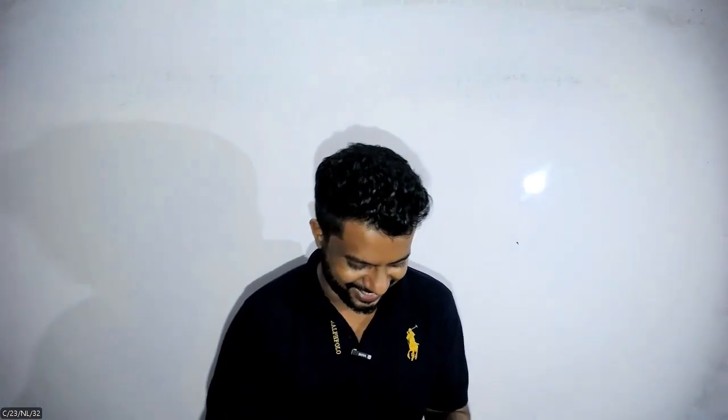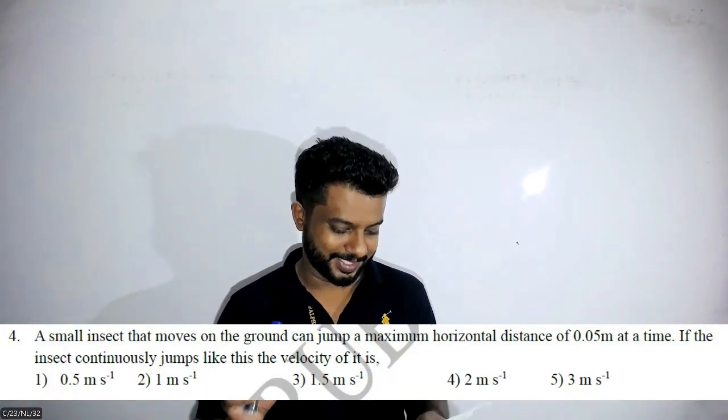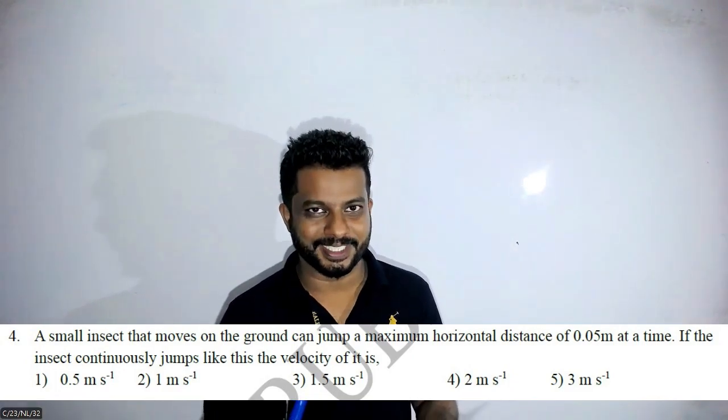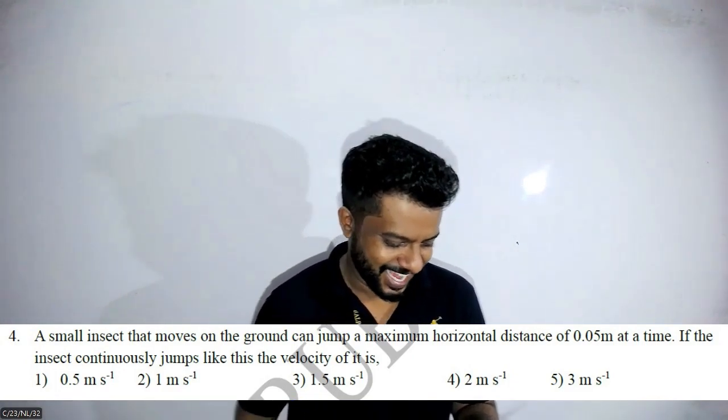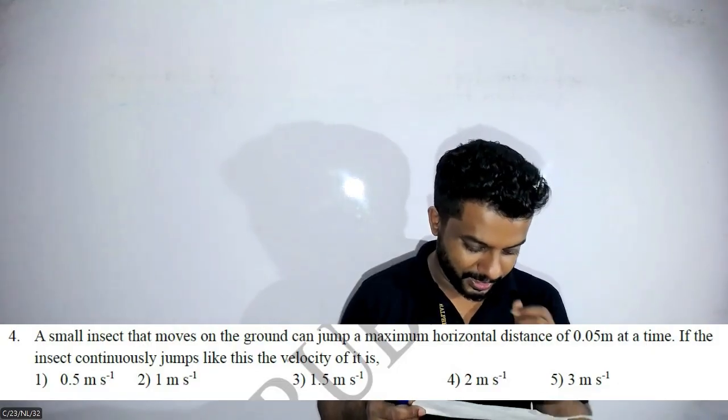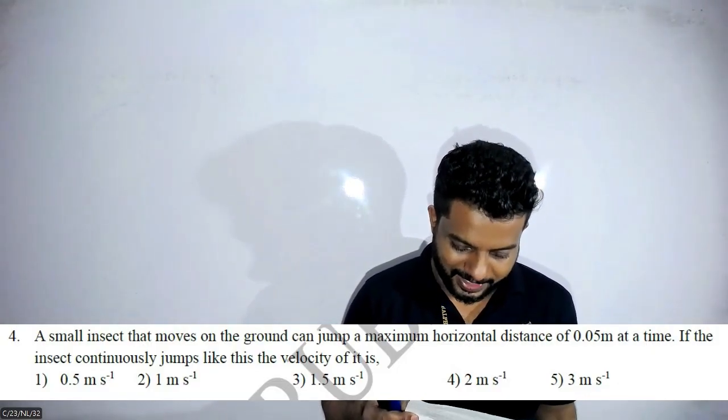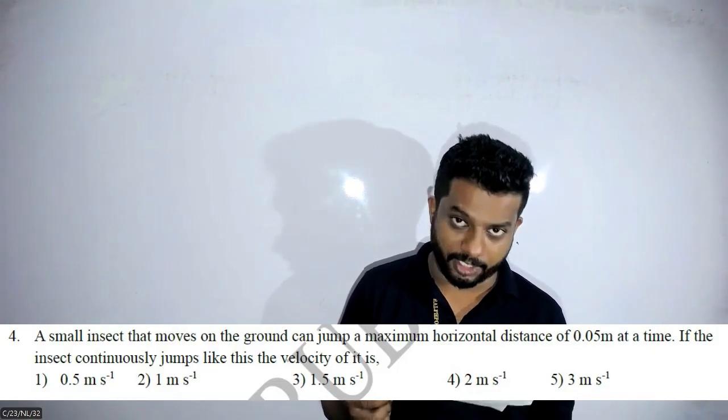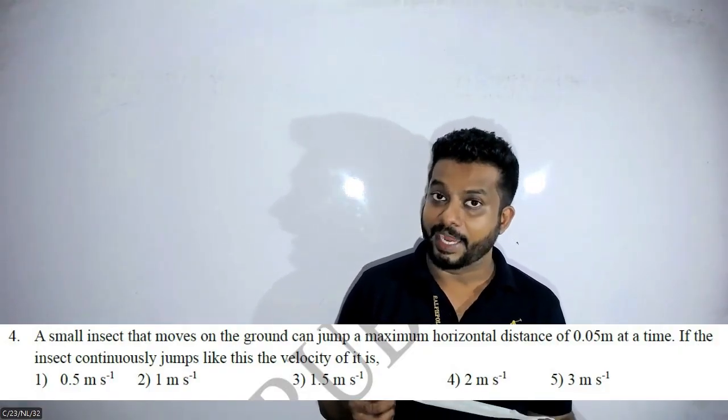Right, let's see the answer for question number 4. Pute, this question is the most important question in this tute. Right, let's see the question. An object that moves on the ground can jump a maximum horizontal distance of 0.05 meter at a time.